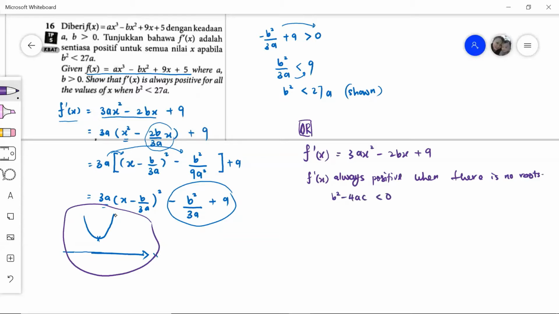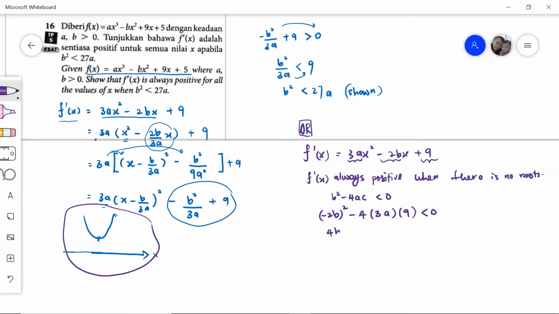The a, b, c here are the coefficient of x squared, the coefficient of x, and the constant c. So the b here is negative 2b, squared, minus 4, the a is 3a, and the c is 9, less than 0. Let's expand this.